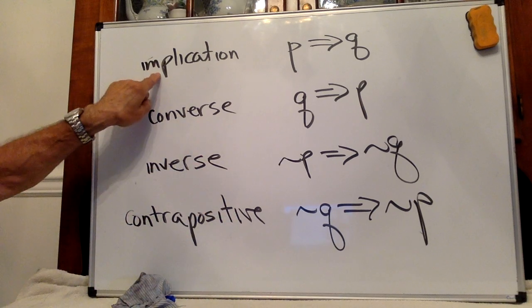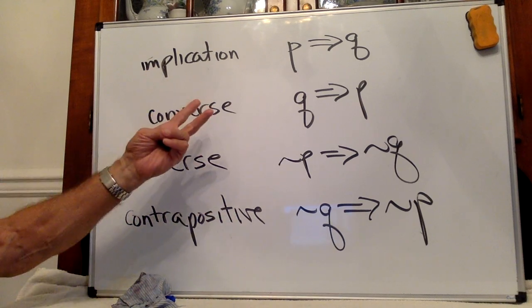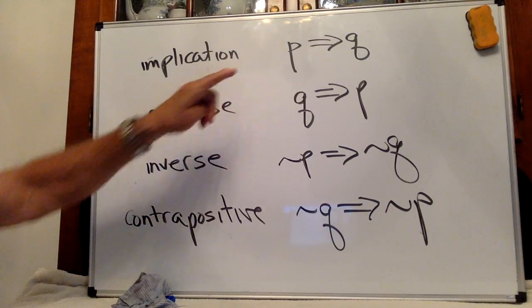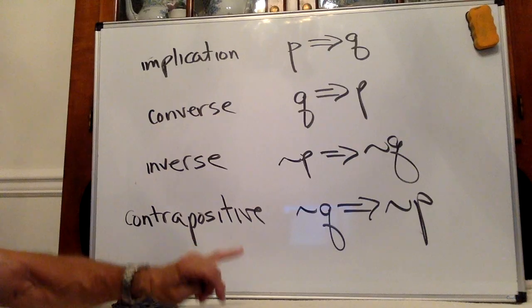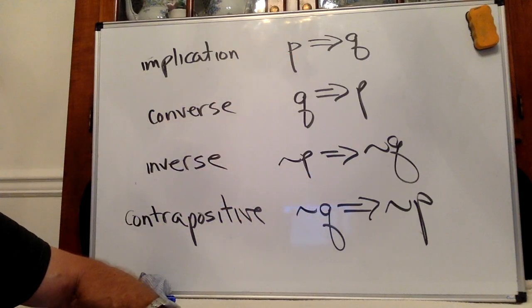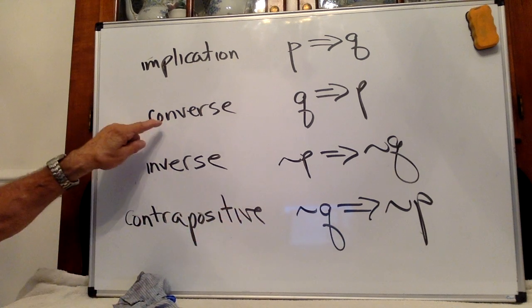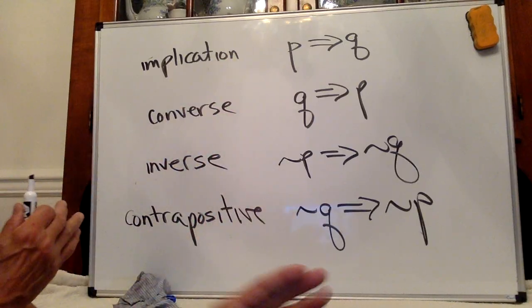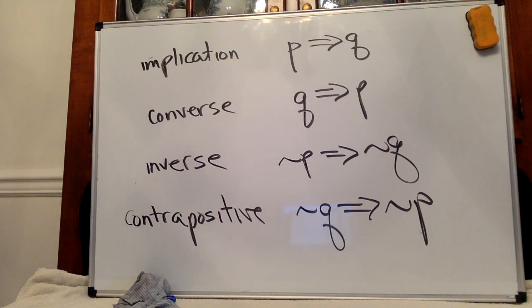Implication, if-then. Converse, interchange the if and then. Inverse, negate both halves of your original statement. Contrapositive, turn the original implication around and negate both halves. So the contrapositive is actually the converse and inverse combined of the original statement. Turn it around and negate both halves.